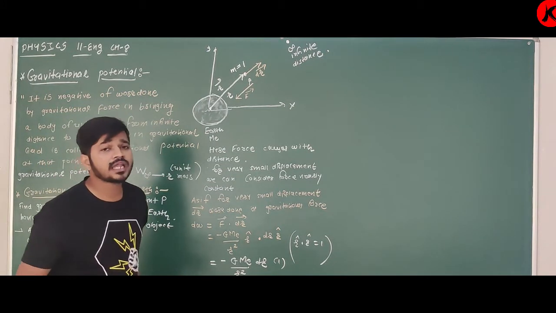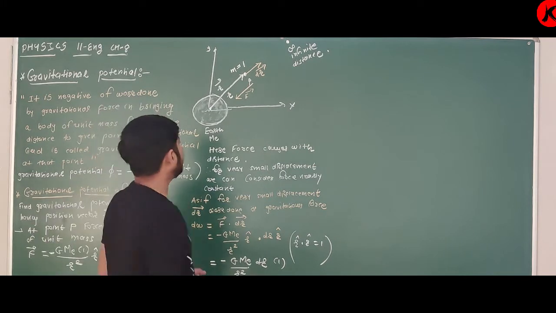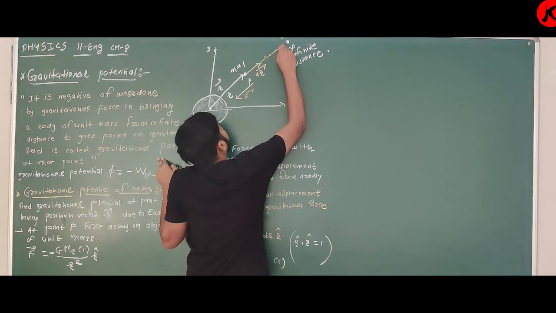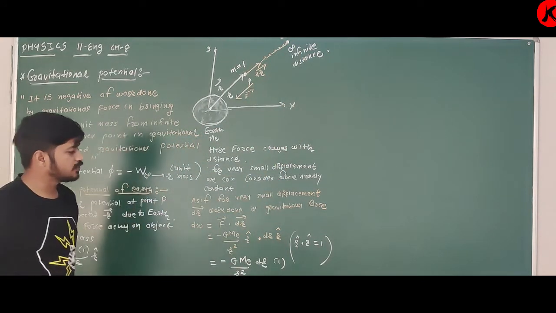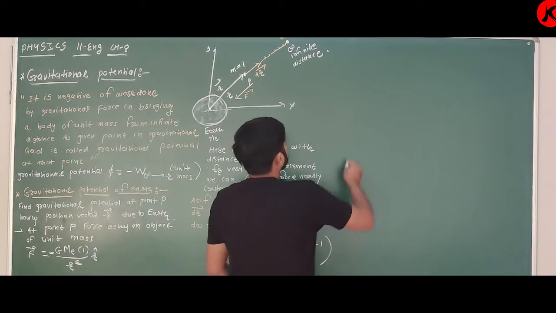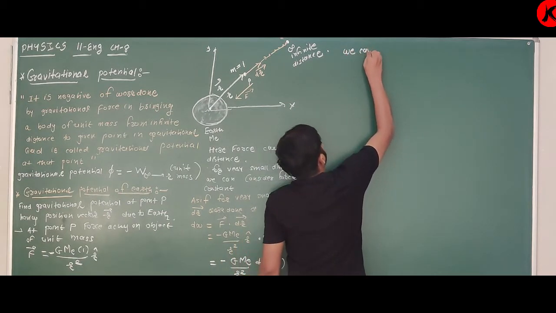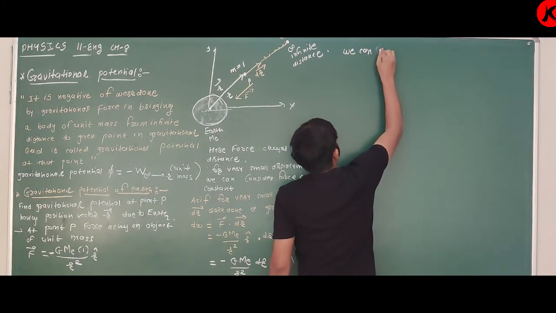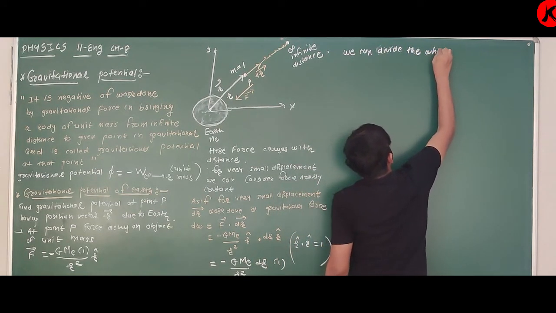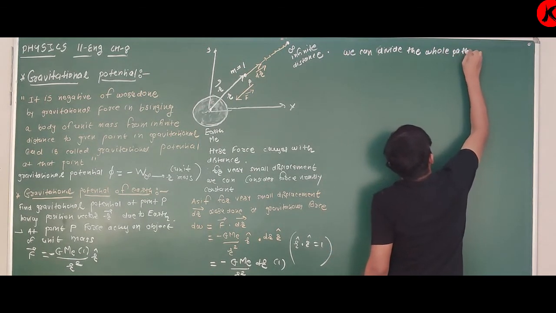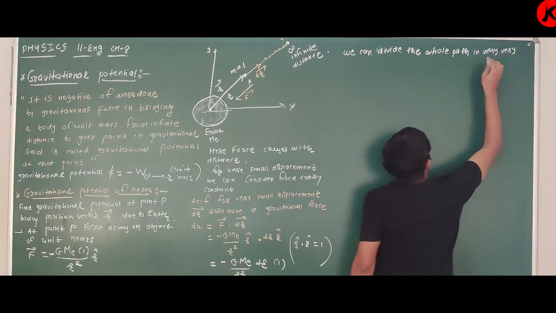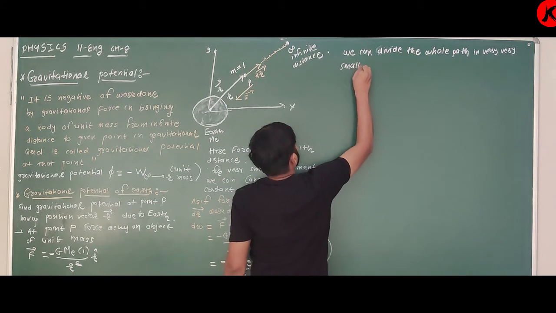So we can divide the whole path between P and infinity into very small displacements.